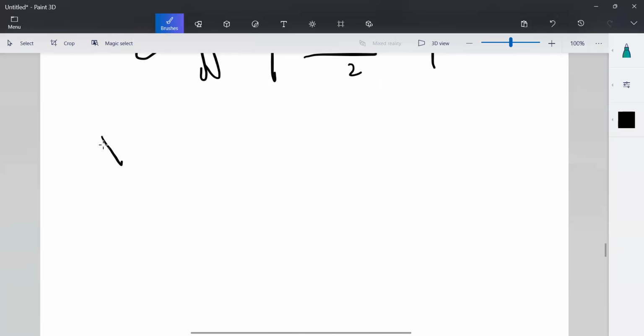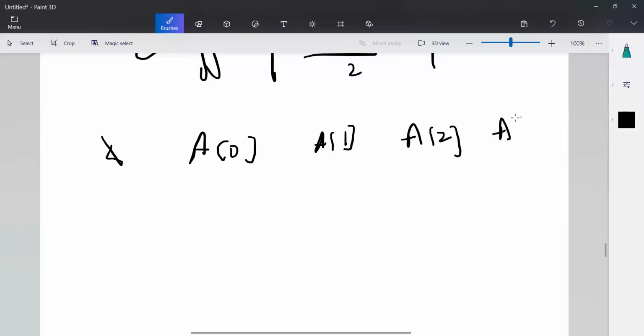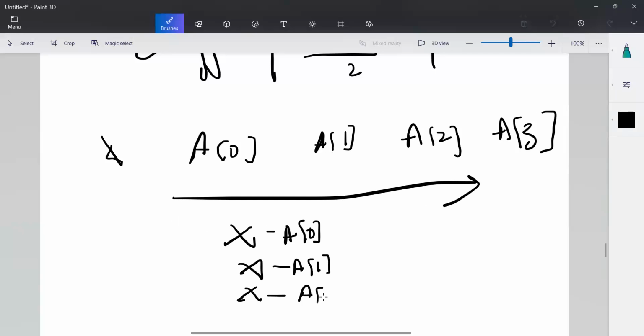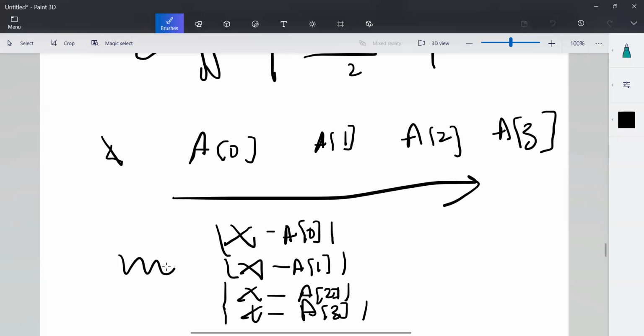You have some values a0, a1, a2, and a3, and these are in sorted order. What value will you choose for x such that the absolute differences of x minus a of 0, x minus a of 1, x minus a of 2, and x minus a of 3, when you take the maximum of these, it's minimized?